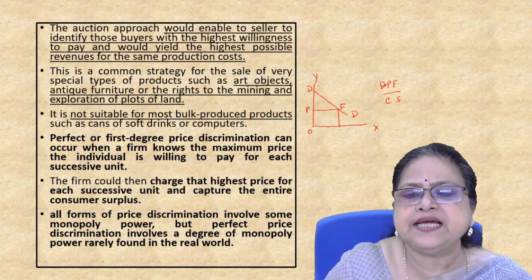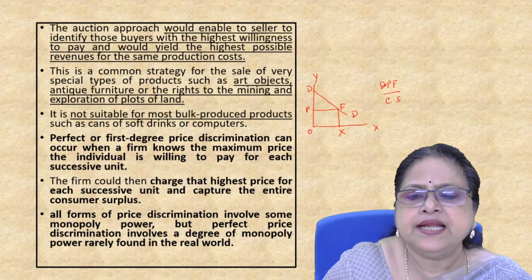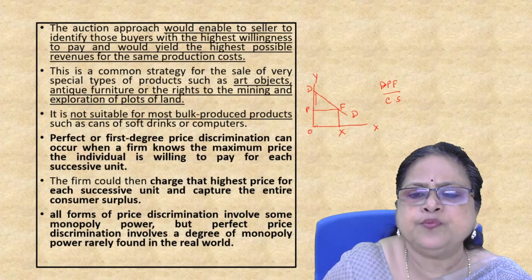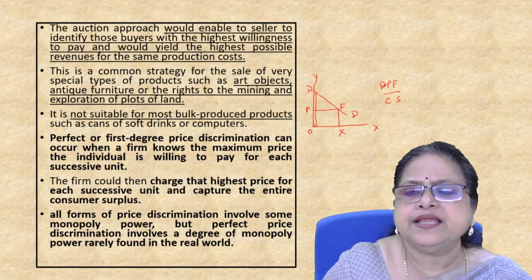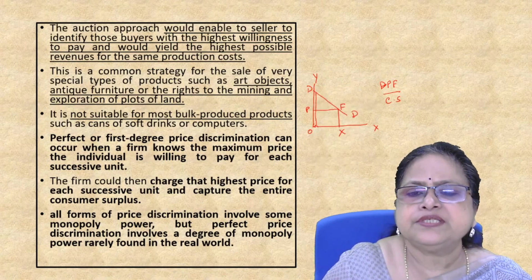Now what will happen is that suppose this is OX. Let us divide it into one unit each. So what the monopolist will do, he will charge this price for the first unit. Then for the second unit, he will charge this price.